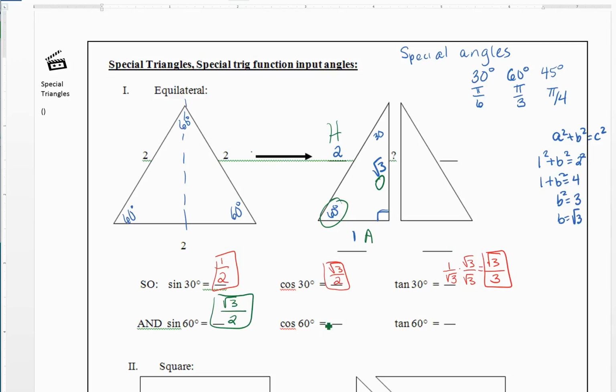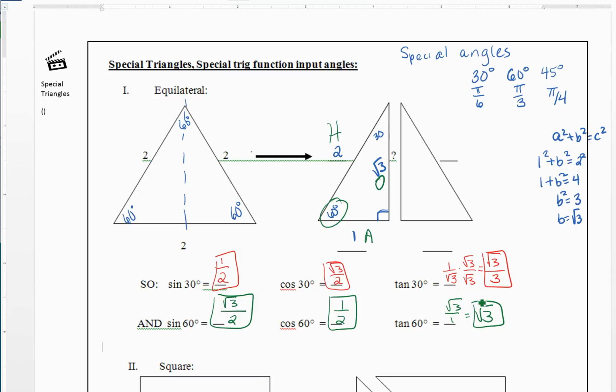And when we want cosine, we're going to take the 1 over 2. And when we want tangent, we're going to take square root of 3 over 1, which is just square root of 3.